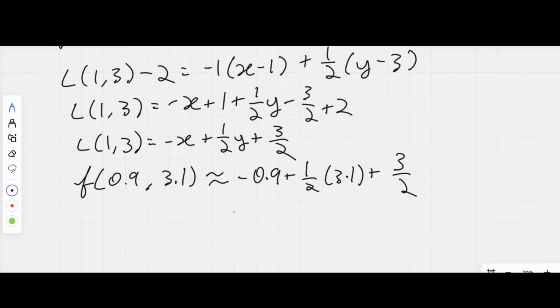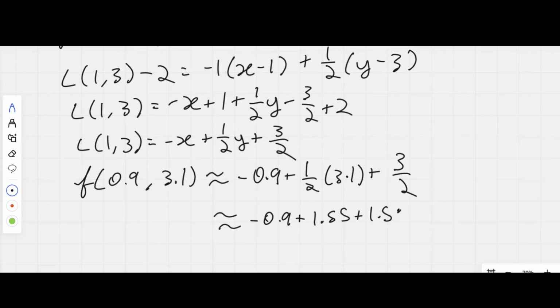Alright, if we want to simplify this even further, we can say that negative 0.9 plus 1/2 times 3.1 is the same thing as saying 1.55. And so let me write that down, plus 1.55 plus 1.5. I like dealing with decimals more than I do fractions.